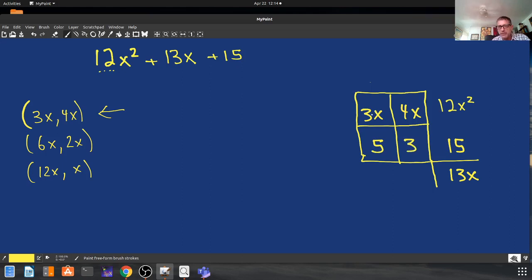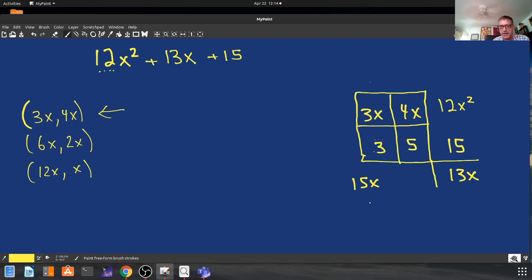So 5 times 3x is 15x. Ooh, that's too much. I already know that 15x plus anything else is not going to be 13x. So let's erase. If I change from 5 to 3 and 3 to 5, putting a 3 here and a 5 here, 4x times 5 is going to give me 20x, and 20x plus 9x is not going to work either.